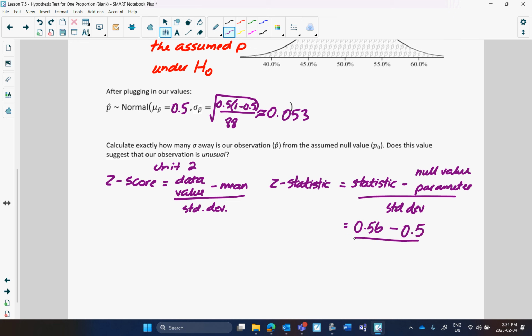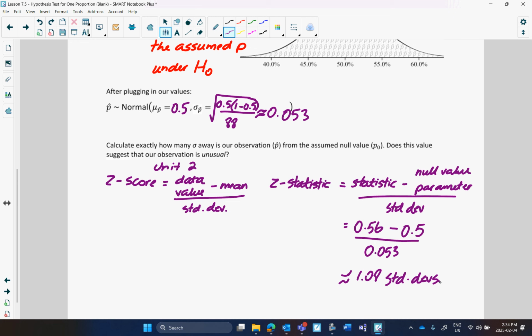Divided by the standard deviation, which we calculated, 0.053. And that means that's going to be approximately 1.08 standard deviations, which is not a lot.